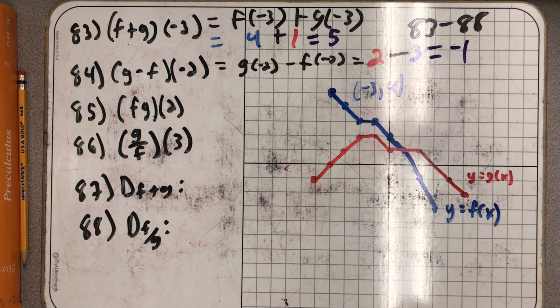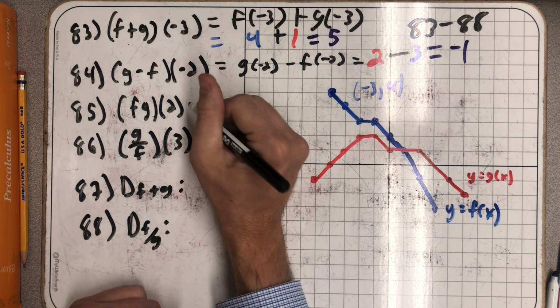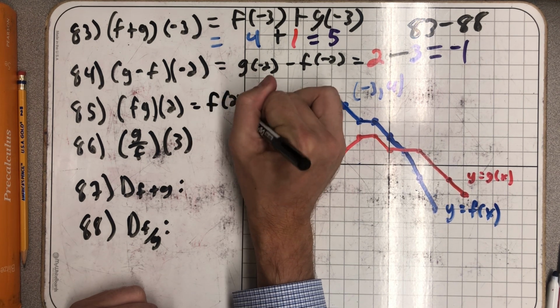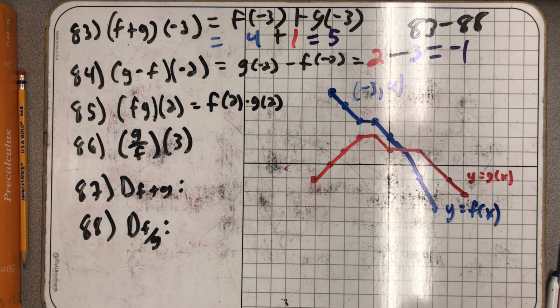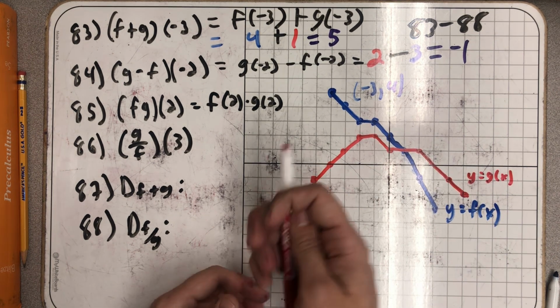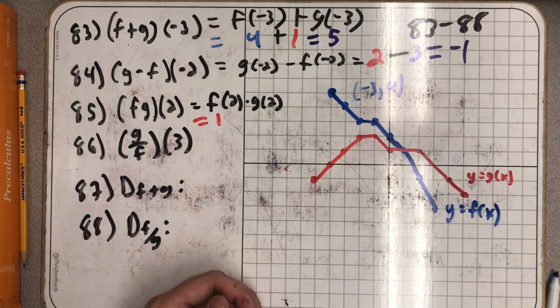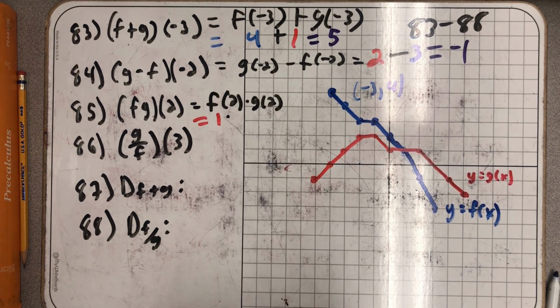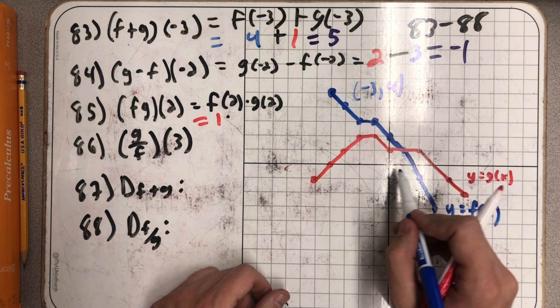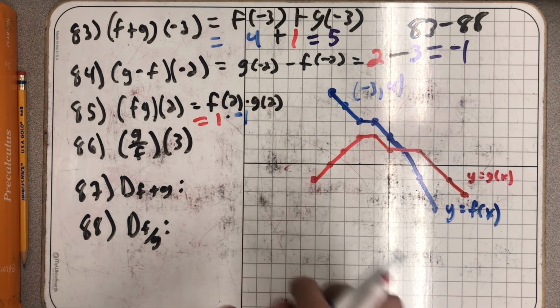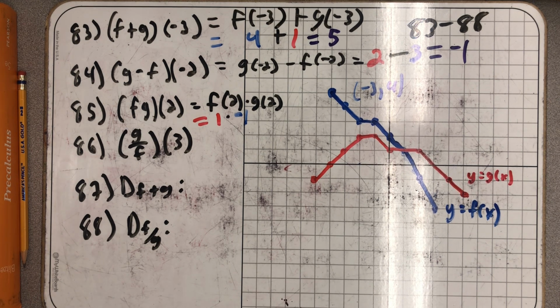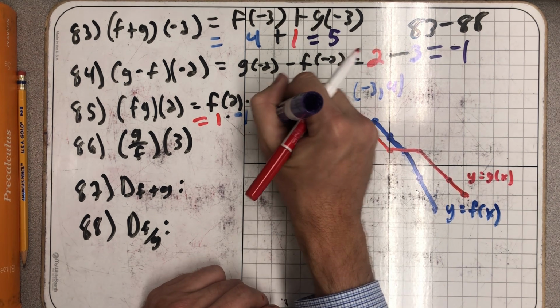All right, now I have f times g of 2 and g over f of 3. That's going to be f of 2 times g of 2. F of 2 is 1. 1 times g of 2, which is minus 1. All right, well, 1 times minus 1, that is minus 1.